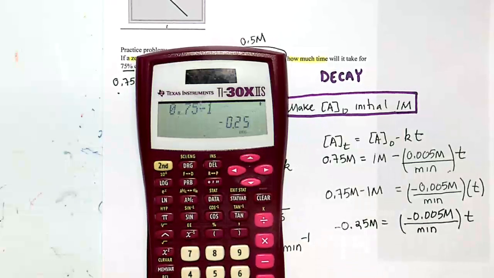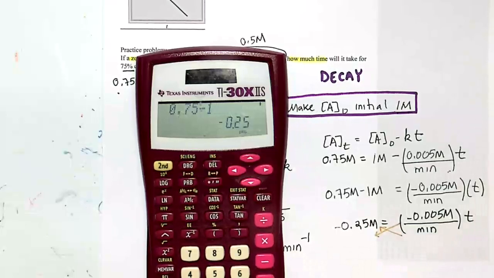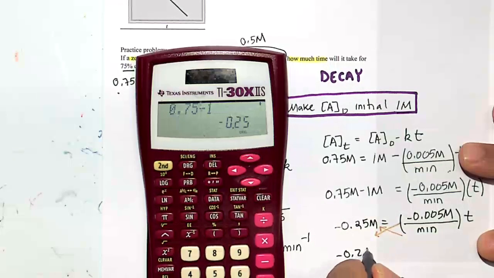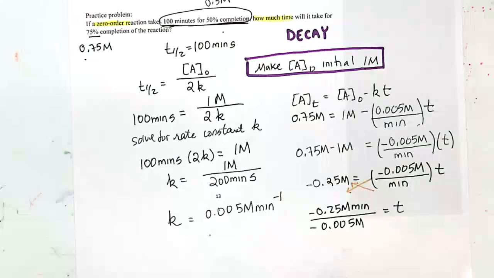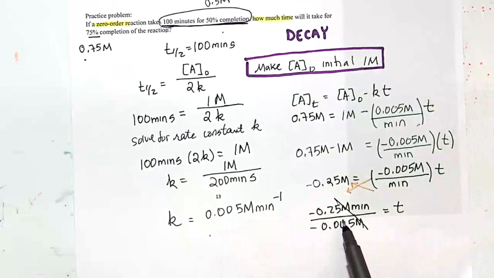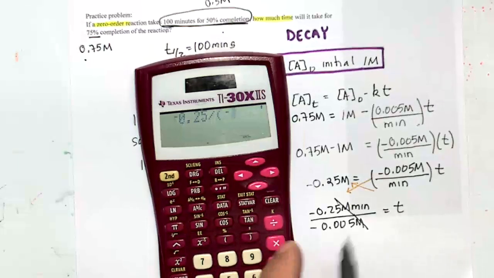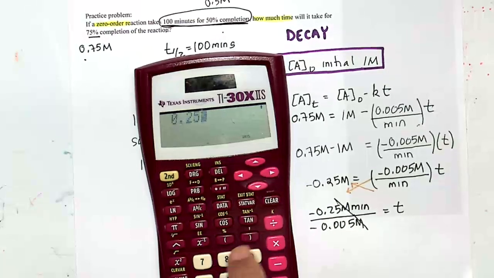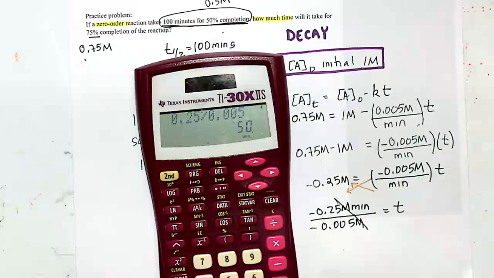I'm going to cross multiply again, just like the last problem, to get us the time T. The M and M cancel, the minus and minus cancel, so 0.25 divided by 0.005 is 50 minutes.